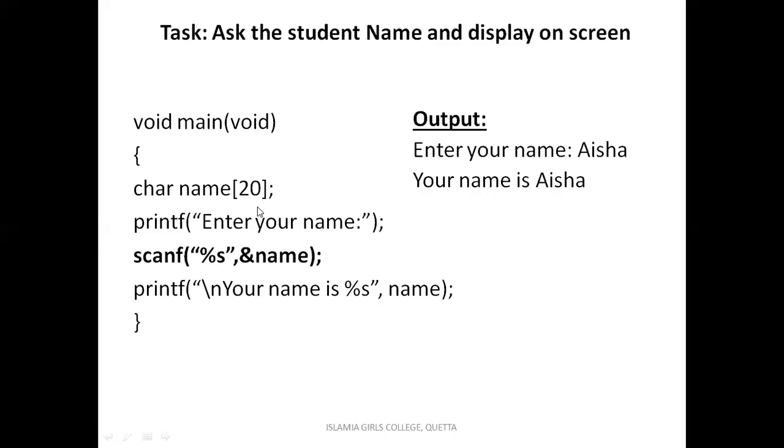So this is the maximum which we need for a name. Now the 20 spaces are reserved. We will ask the student to enter your name. And since the student has entered the name Aisha, therefore it will be saved in this variable name. And %s is used for the string, and since there are more than one characters present in the name, it is called a string. In the next statement, your name is %s, so whatever name the student has entered will be printed on the screen.